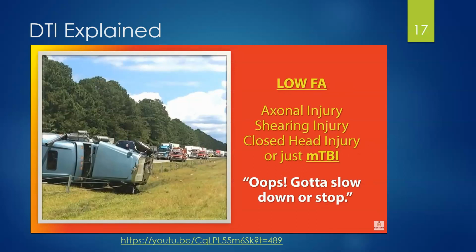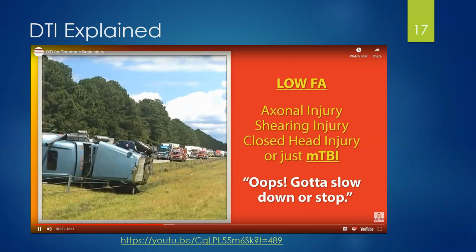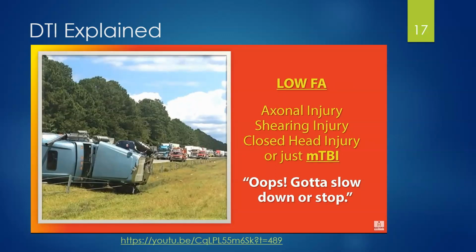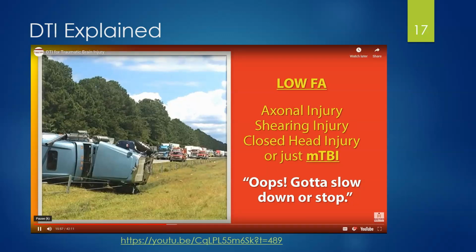So what happens when that normal traffic pattern is interrupted by an accident? Well, people slow down, and that's what happens in the brain. When you have an axonal injury, the FA gets low. The water molecules start to move more slowly or may even stop. So you have to remember that this is, again, like the electrical pathway.